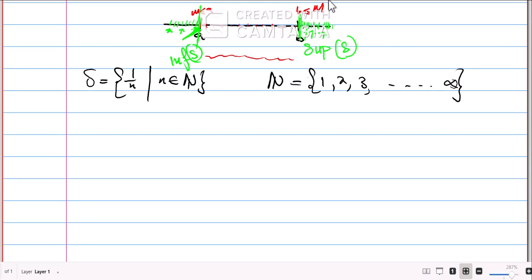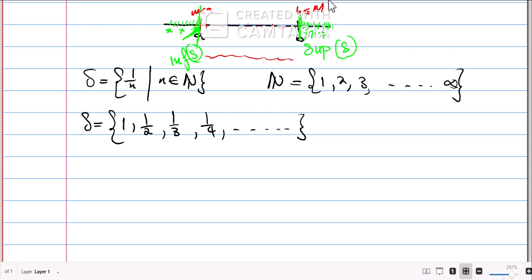Now, to be more specific, we can plug in our values of n. If we plug in 1, it's 1 over 1, which is 1. Plug in 2, it's 1 over 2. Plug in 3, it's 1 over 3. Plug in 4, it's 1 over 4. Then it continues.